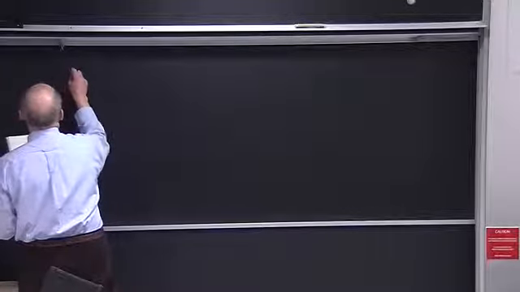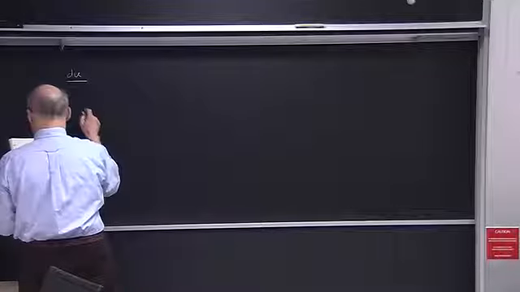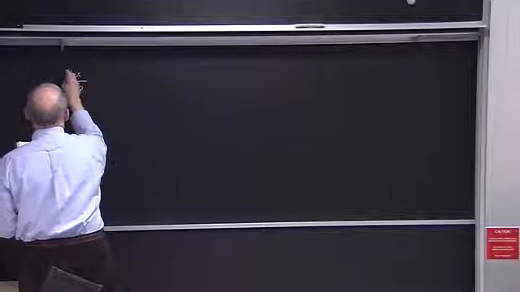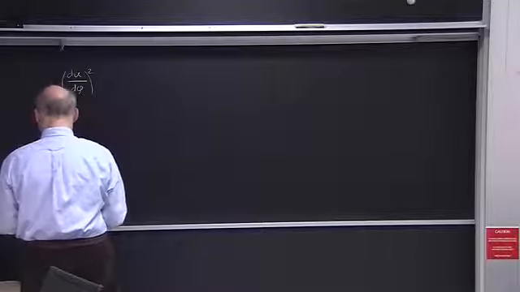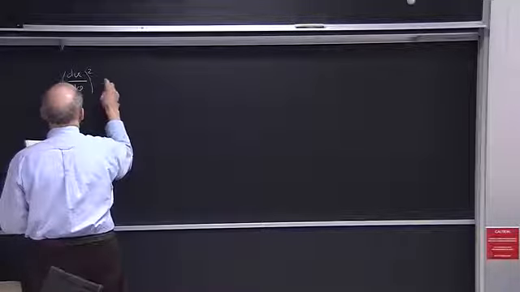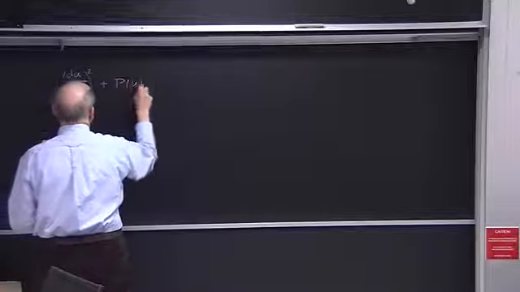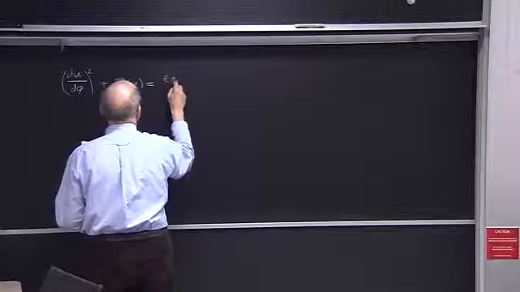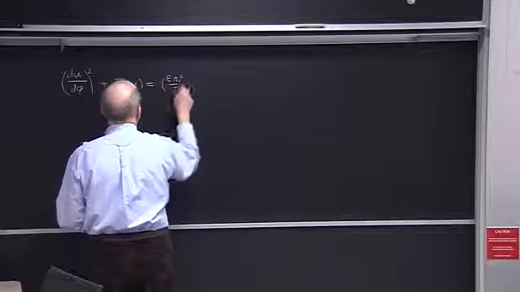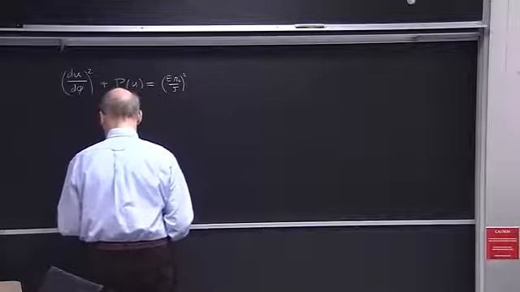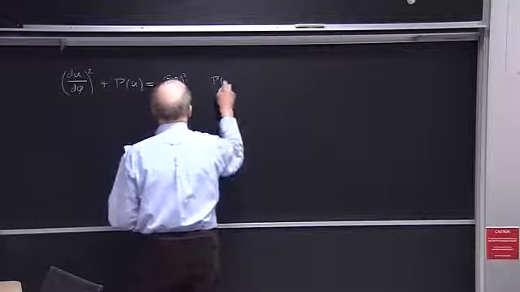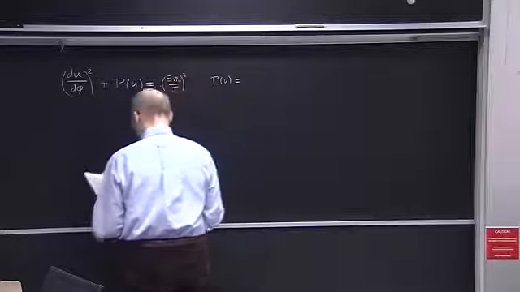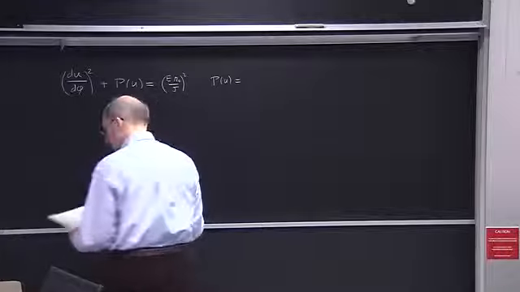But let's go back to the equation that would have told us. So du d phi squared plus p of u equals E r naught over J squared, I think I called this, where p of u was equal to, what was it?